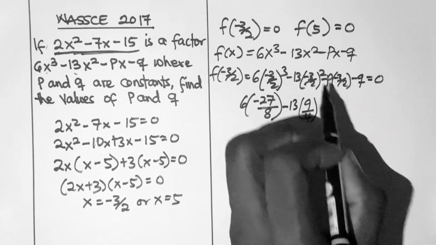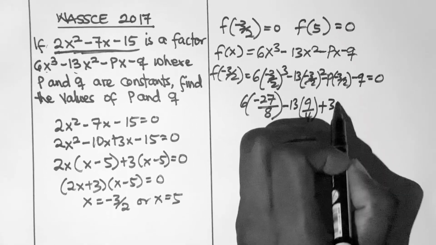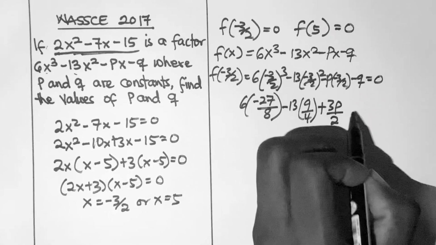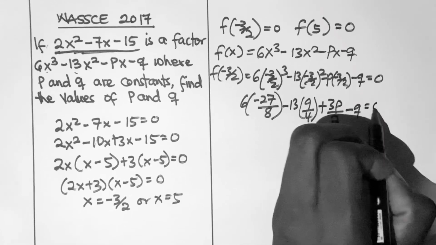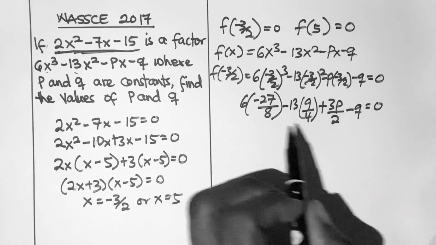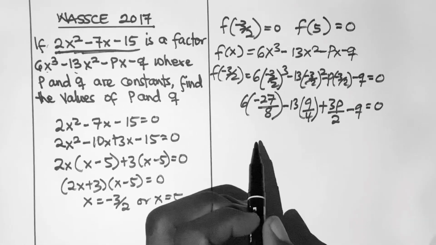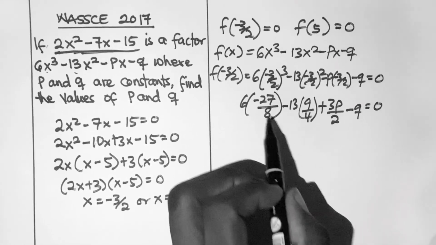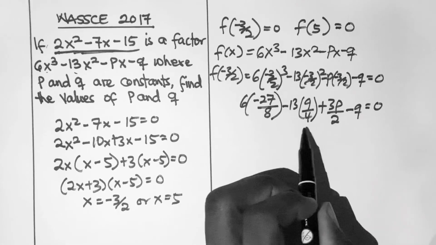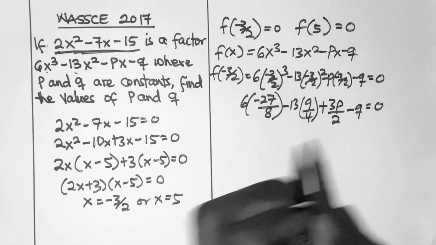And then minus p times minus 3 becomes plus 3p over 2. Then minus q is equal to 0. So now in this case you can see that 8, 4, 2 are the denominators. So we can multiply through by 8 because 8 is the common factor between 8, 4 and 2. So let's multiply through by 8.